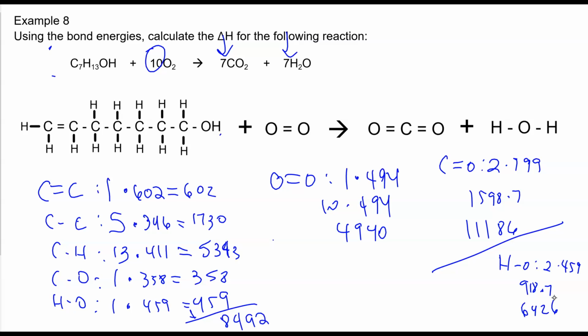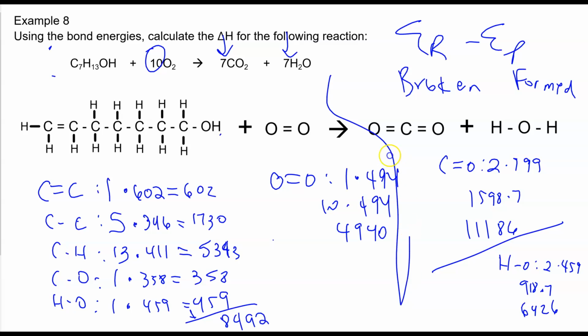Okay, so now we're going to calculate bond energies. Remember, in the beginning of this set of notes, I said it's the sum of the reactants minus the sum of the products, or bonds broken minus bonds formed. That is how we divided it.